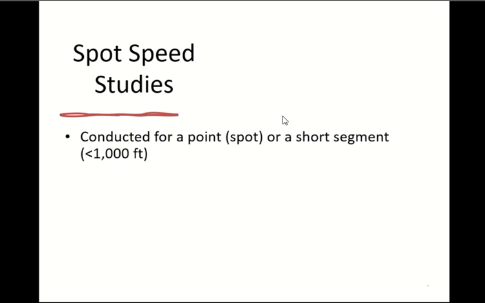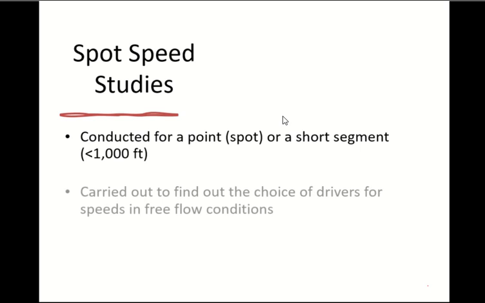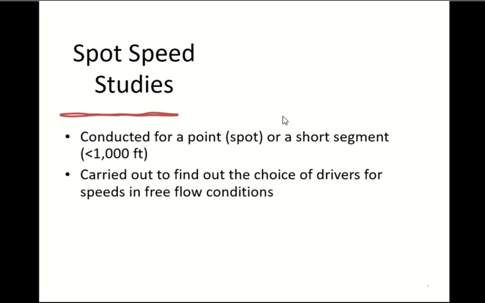So how much distance is allowed for a spot speed study? Less than 1,000 feet. If you have taken a distance of less than 1,000 feet, it can still qualify for spot speed data. Clear?